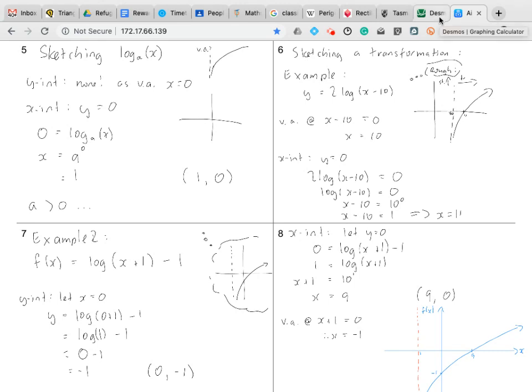I'm going to set you to work now for the next half an hour, and all you're going to do is practice transformations. In the textbook, there's not as much sketching as I would like, so I'll point you in the right direction in a second, but I want you to be doing some sketching as well. To confirm your answers, I want you to do one of two things.